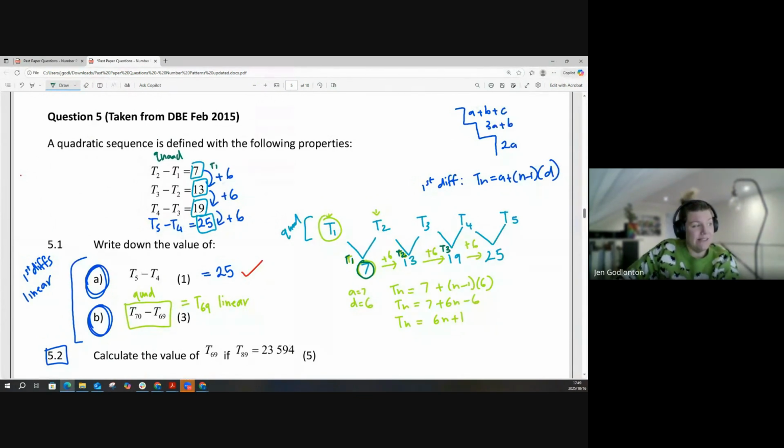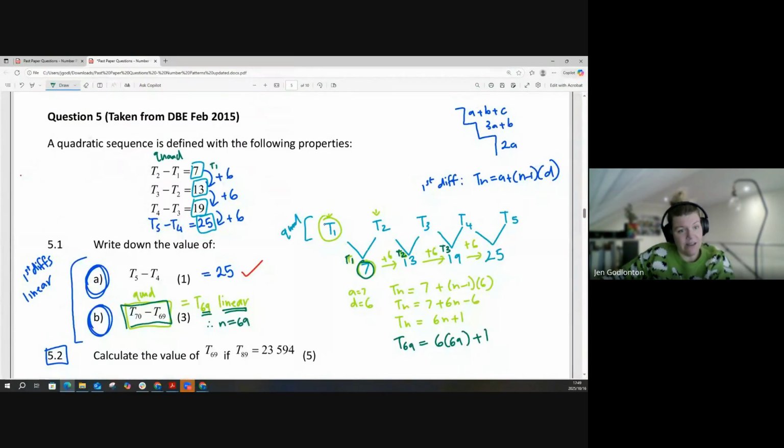That means that T70 minus T69 is going to equal T69 of our linear, because it's always going to be that smaller number. So all we've got to do is pop that in. T of 69 is equal to 6 times 69 plus 1, and that gives us 450.